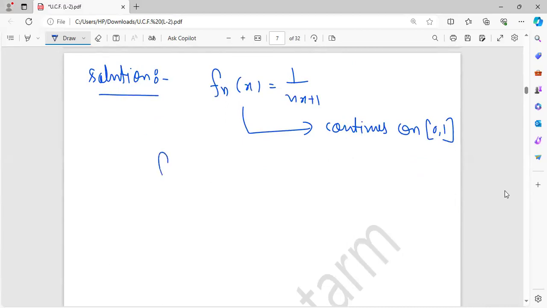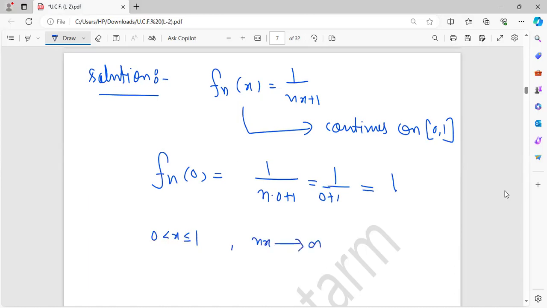If I am taking x is equal to 0, what you will get? 1 upon n into 0 plus 1, that is 1 upon 0 plus 1, that is 1. Now, if I am taking x in this range, then nx tends to infinity as n tends to infinity. Now, what about this? This will tend to 1 upon infinity, that is 0.